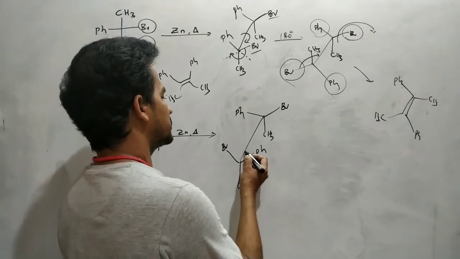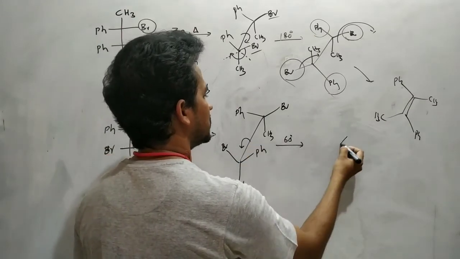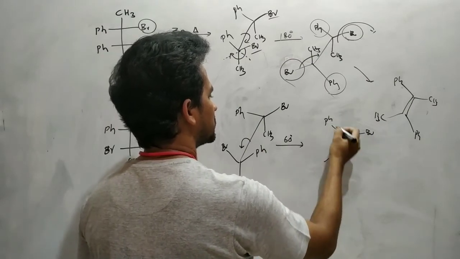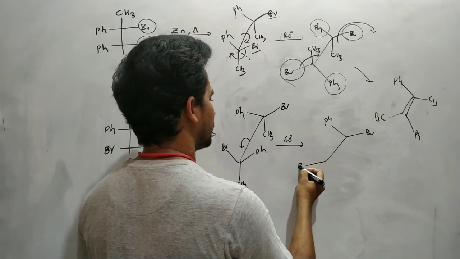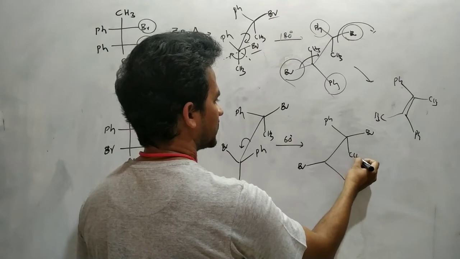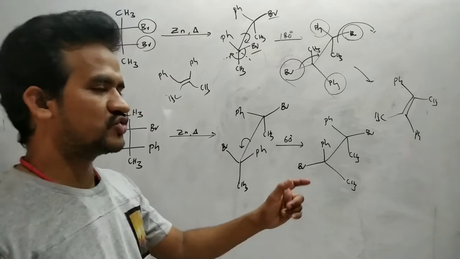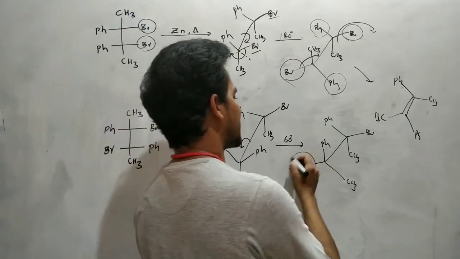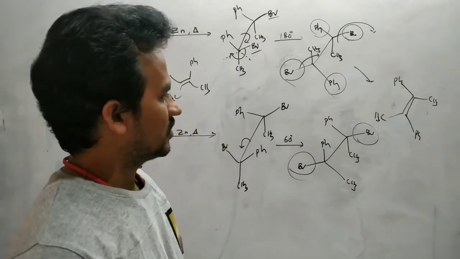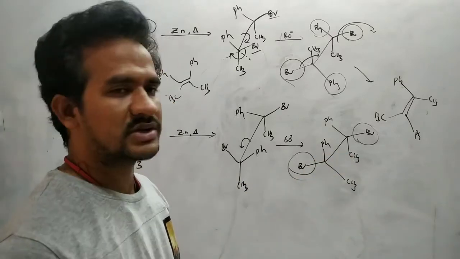So just rotating 60 degrees, these two bromines become trans. Next, this is a methyl downward, and here this is a phenyl. Now these two bromines are exactly trans to each other. For this conformation, elimination takes place.